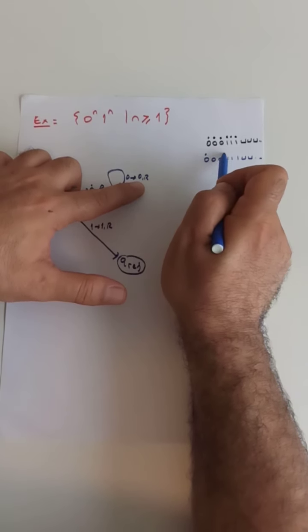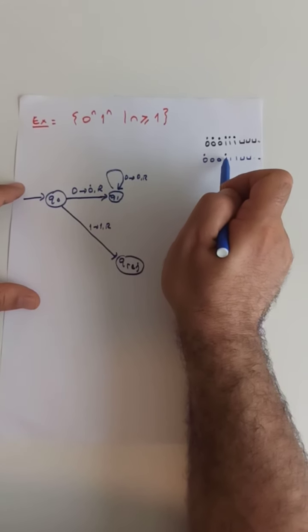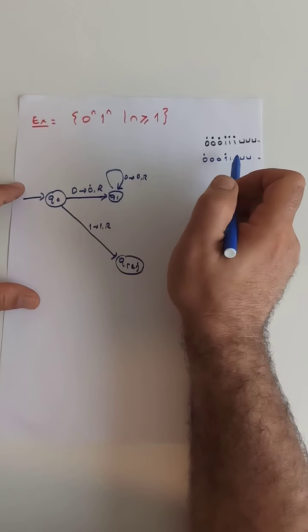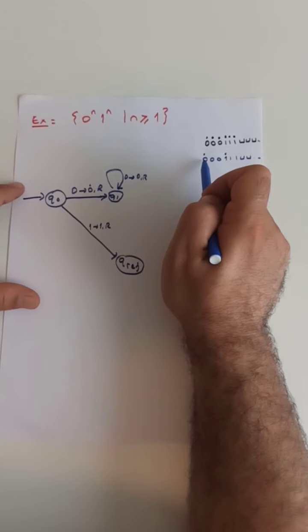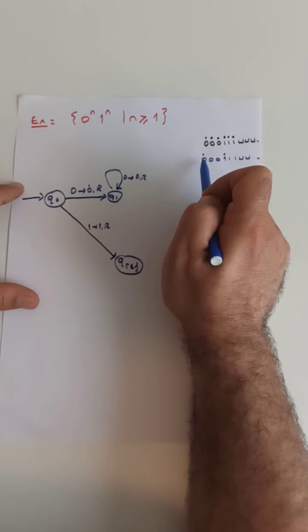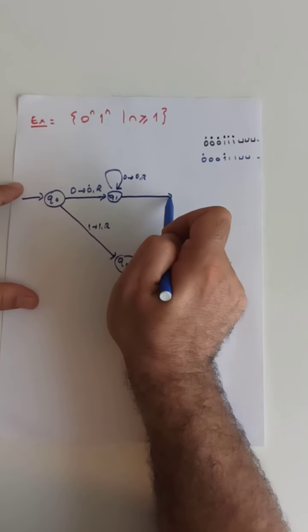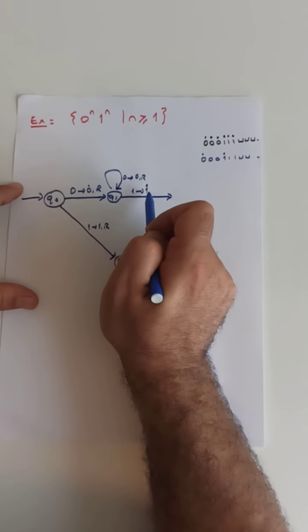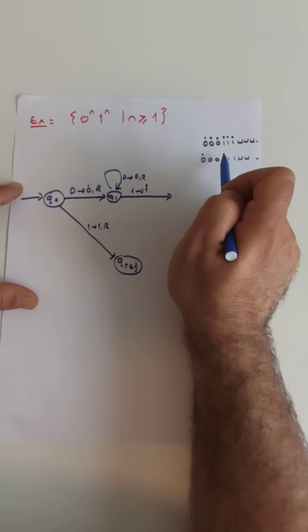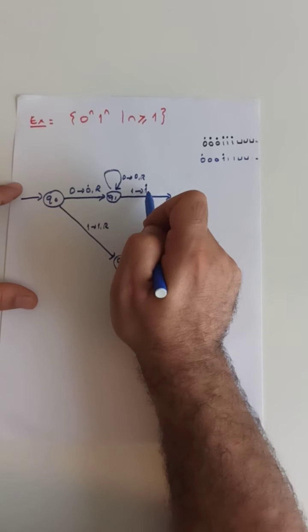Once we get to the symbol 1, we need to mark that 1 with a special symbol. Let's say we replace it with a 1 dot, corresponding to the fact that now we have found a 1 corresponding to the 0 that we had just marked. So at q1, once we encounter the symbol 1, we will replace it with the symbol 1 dot, meaning that this 1 corresponds to the 0 that we have just marked.